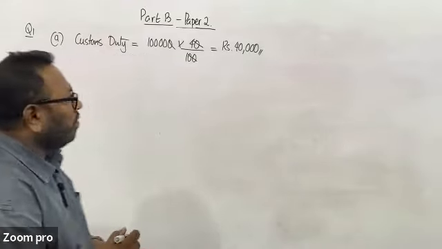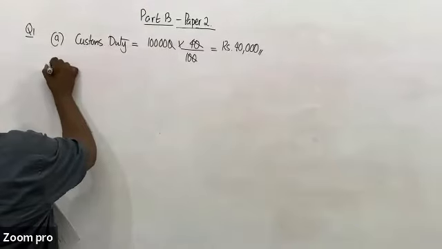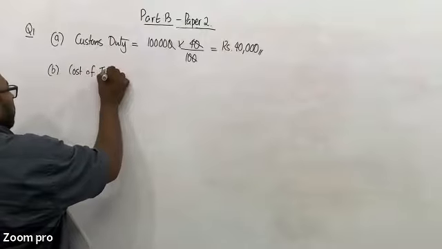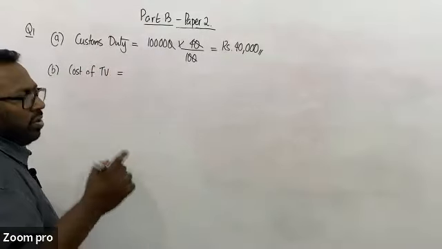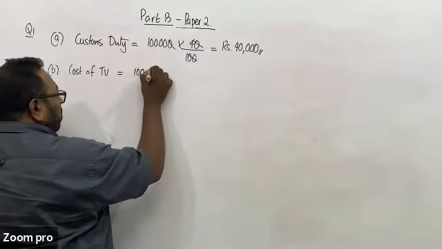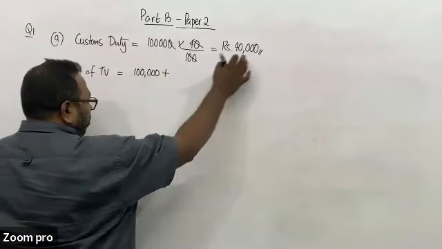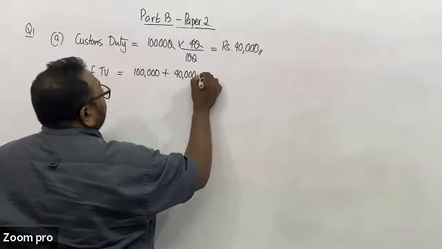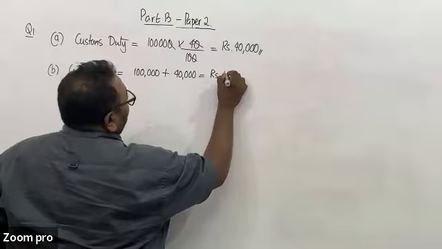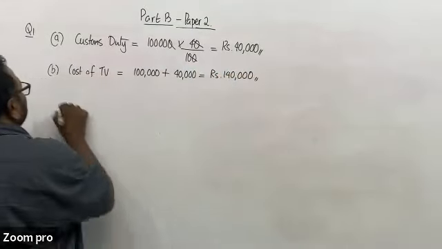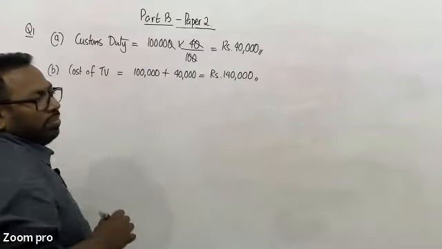In part B, the cost of the TV, your actual value, is 100,000 plus you're going to take 40,000, total 140,000. Okay, that is question B.